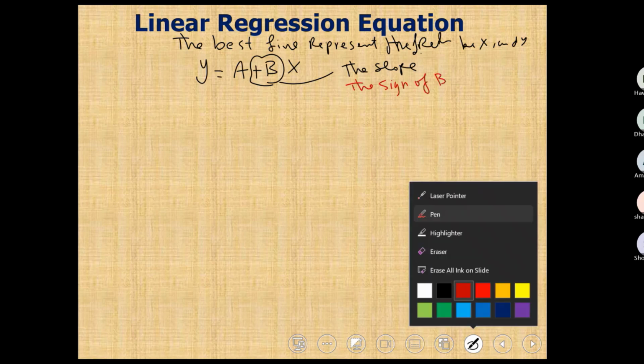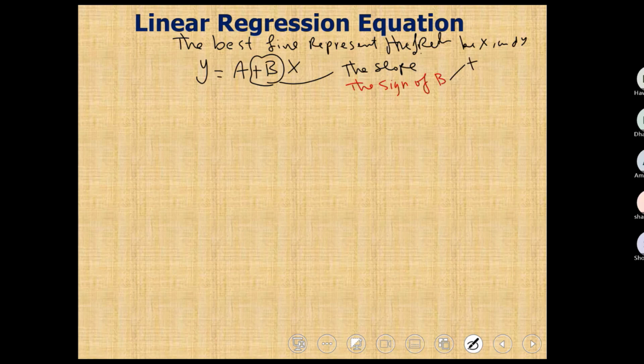Because if the sign of b is positive, it will be a positive linear relation. If the sign of b is negative, it will be a negative linear relation. You don't care if it is 150 or whatever. You care about the sign of your slope, because if the slope is positive, you are going up. If the slope is negative, you are going down.